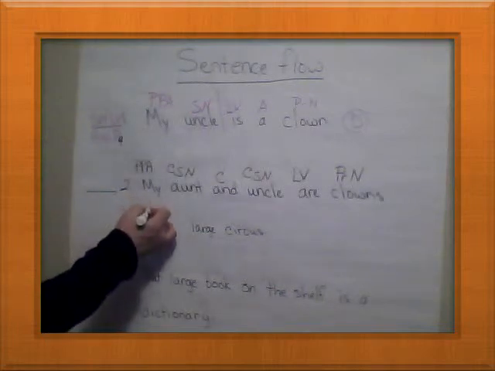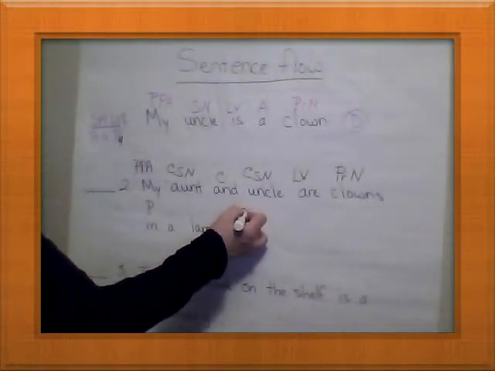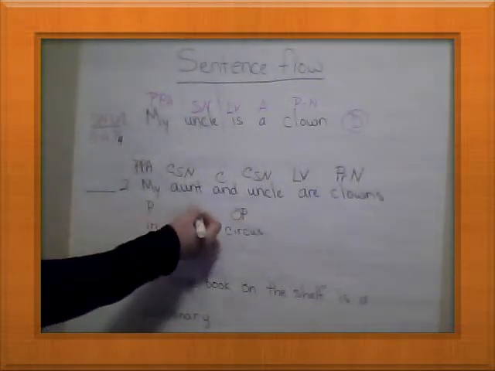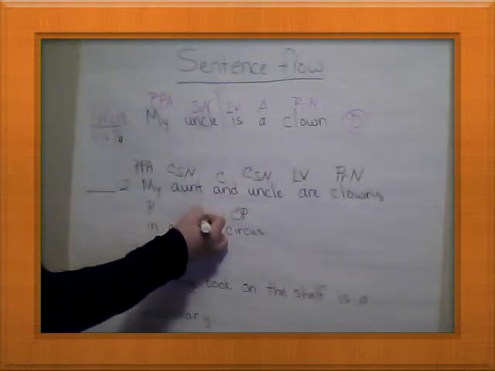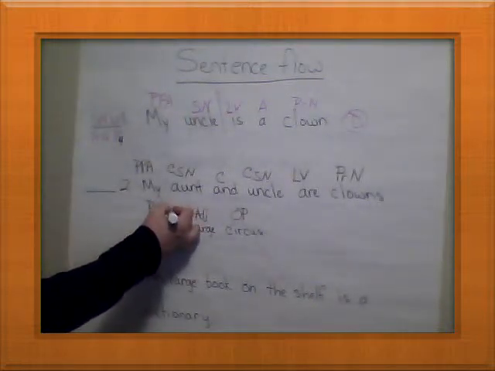In is a prep. So we're going to ask ourselves the question, in what? It's circus, object of the prep. What kind of a circus? Large circus. This is an adjective. Do we have any articles? Yes. A is an article.